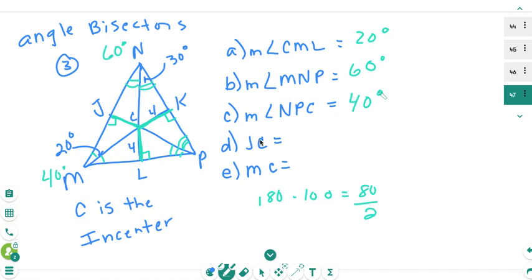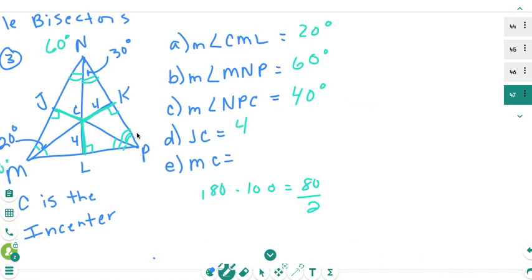Remember, JC is going to be equal distance from the sides because it's an incenter, so that's going to make that 4. And then for MC, we're going to need to use our right triangle.